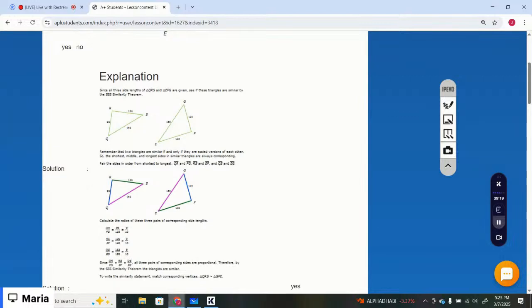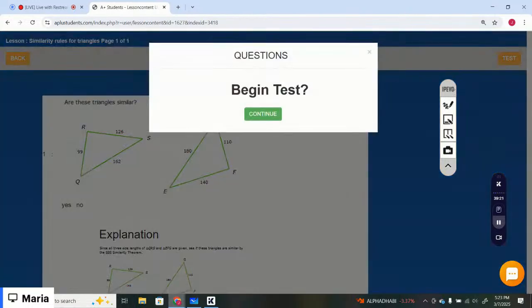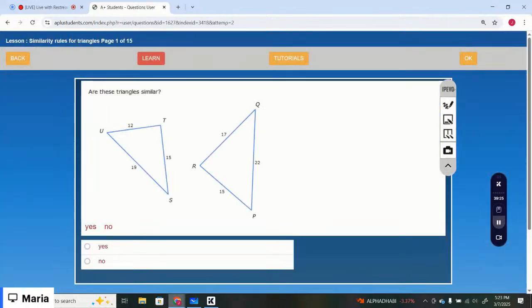Let's just start with the test questions. Are these triangles similar?